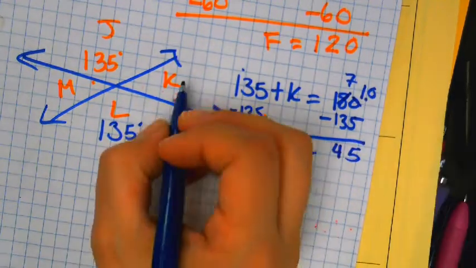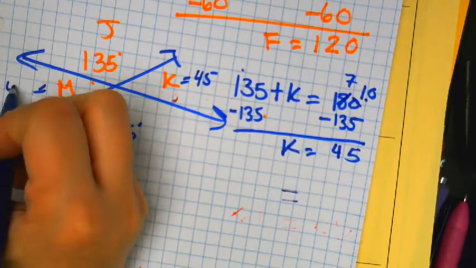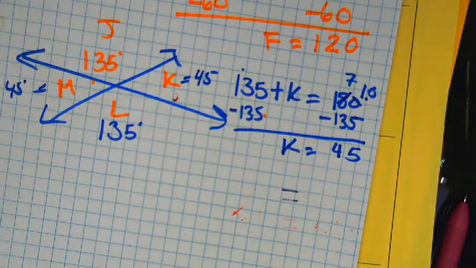So if K is equal to 45, what do we know? They're both equal. As long as you do it, it's cool. That's what I want. At your own pace, you do it. It's when you don't do anything that we have issues. All right, pretty easy? All right, cool.